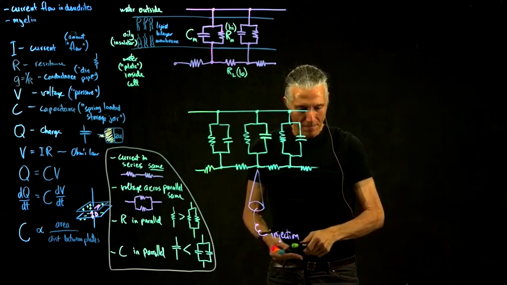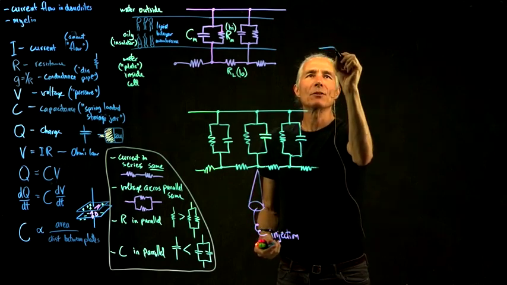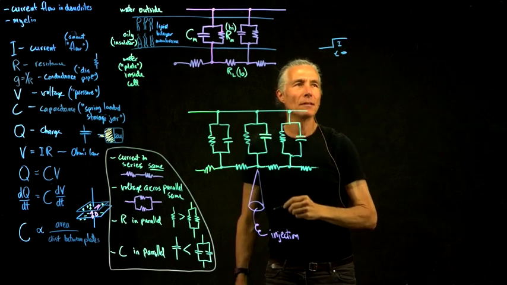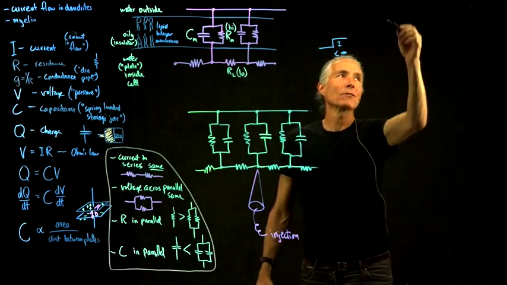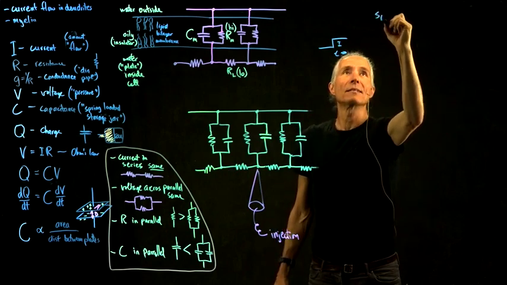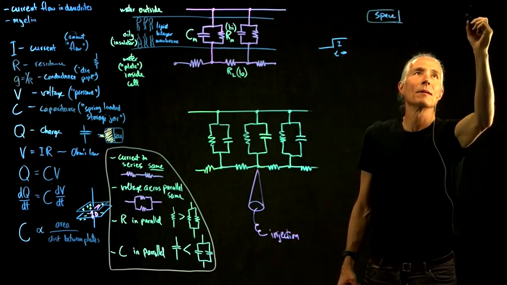So what happens if we just turn the current on? This is time, and this is the current. So if we just turn the current on, we can look at it across space, or we can look at it across time.